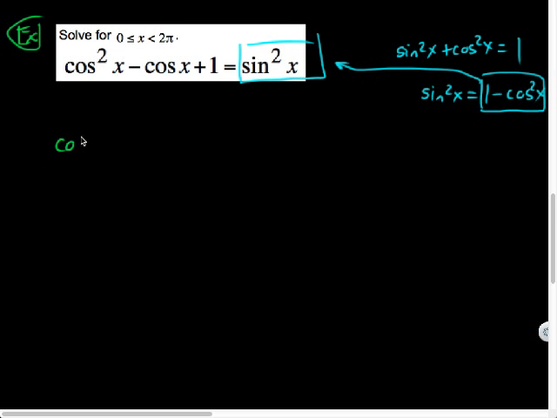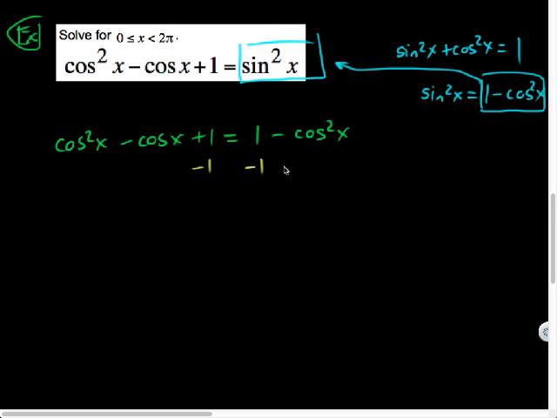So look what I'll get. I'll get cos squared x minus cos x plus 1 is equal to 1 minus cos squared x. And now if I want to solve this, let's bring everybody together on one side. I'm going to set this equal to 0 and factor. I believe a lot of times these problems are factorable.